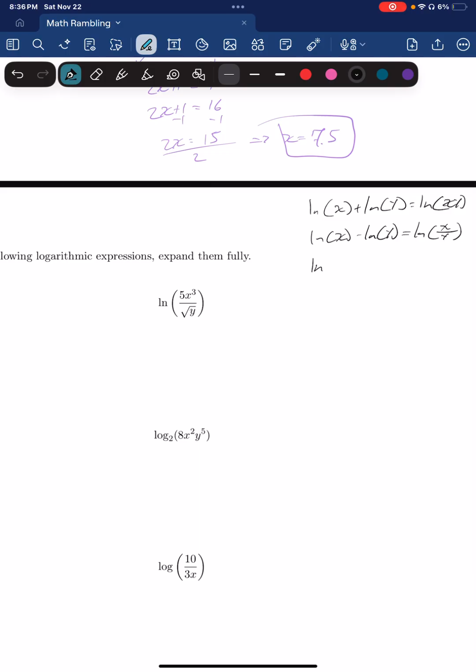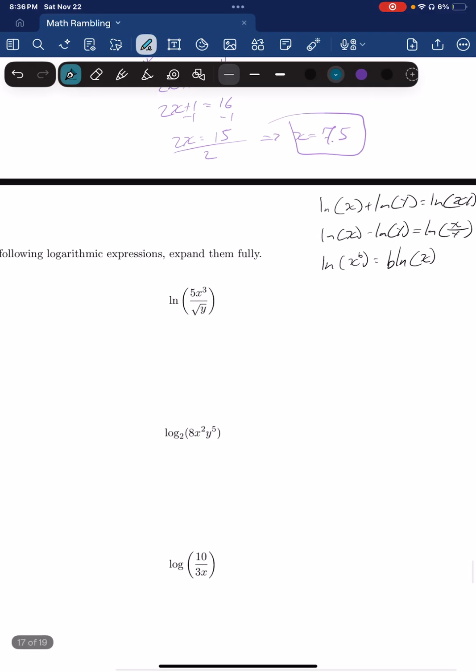Let's see, we have ln of x to the b equals b ln of x. Any more log rules? I don't know, but I'll write them down if we come across them. So do not worry. All right, what log rule should we use here? That's right, the division one.